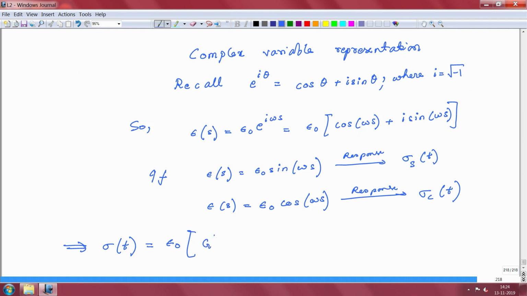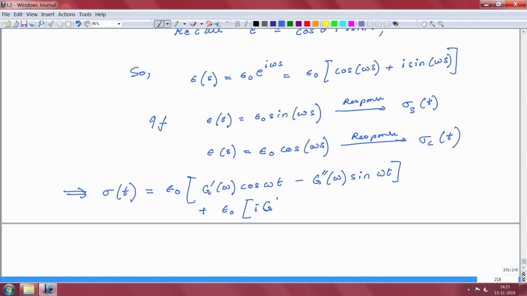So we will write down the output for a cosine function, cosine omega t minus g double dash omega, which is a function of omega, into a sine omega t, plus for the imaginary part of the input we have epsilon naught into i times g dash of omega into sine of omega t plus i times g double dash omega cosine of omega t. Right.